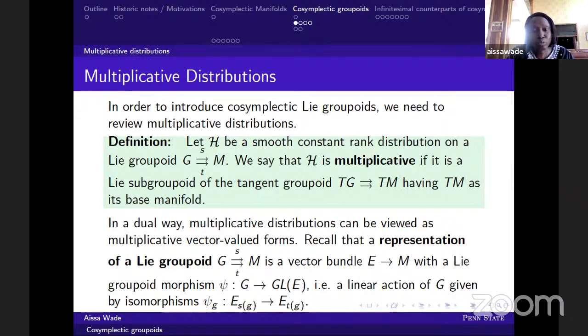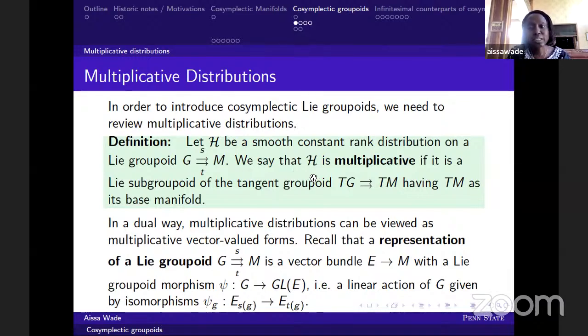I'm given a Lie groupoid G with a source and target map, S and T, and I take H to be a smooth constant rank distribution on G, on the space of arrows.